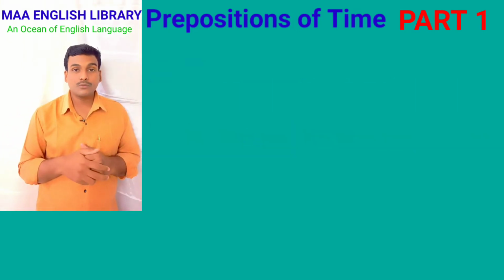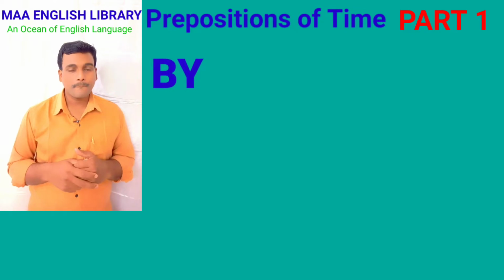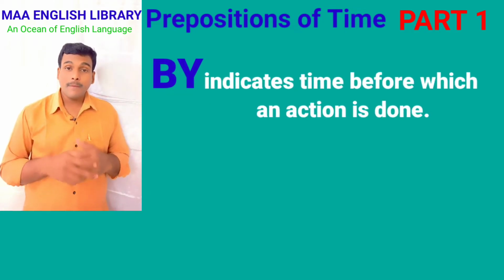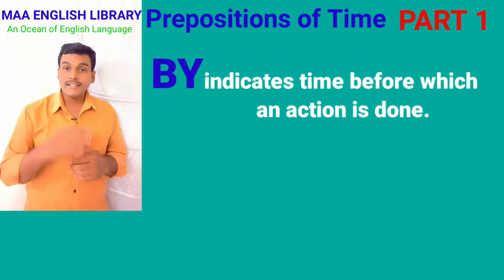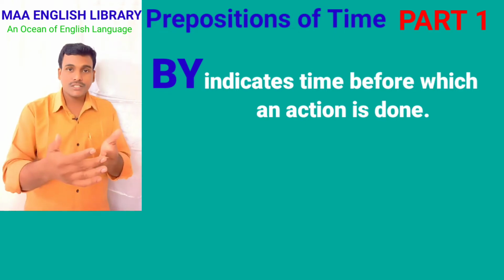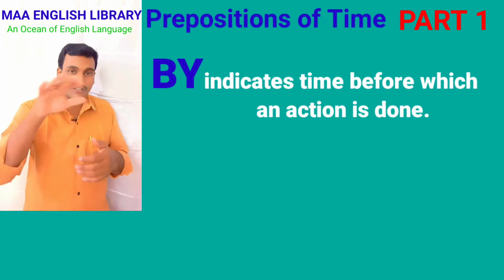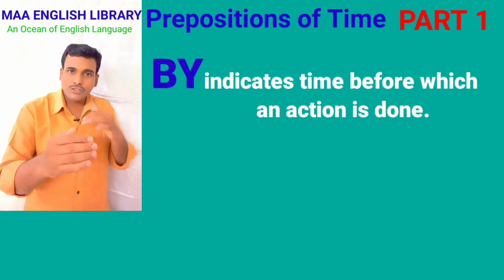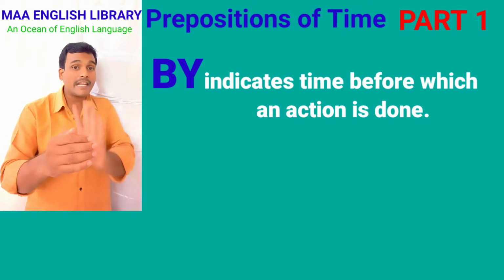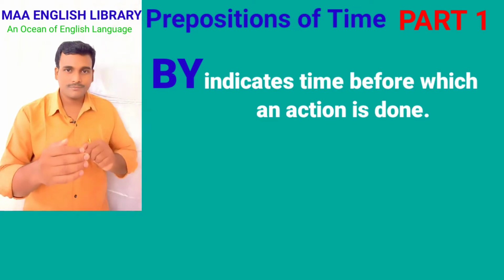And the next one is by. By indicates the time before which an action is done. That means before some time the action is done. Okay, to indicate that, by is used, right?